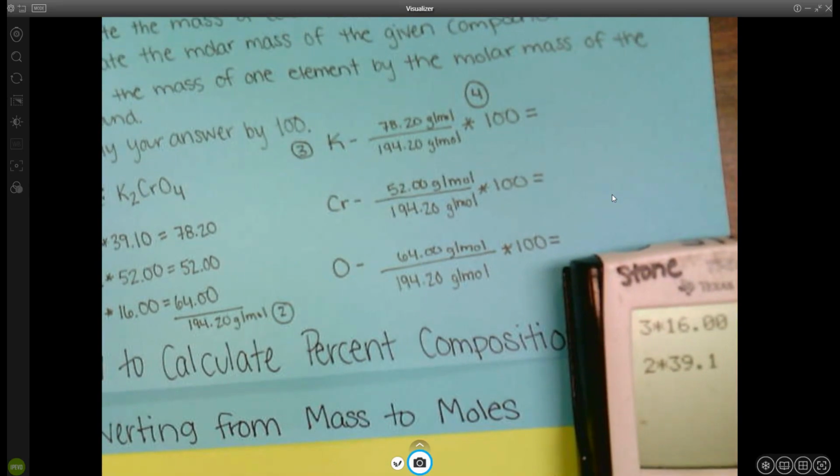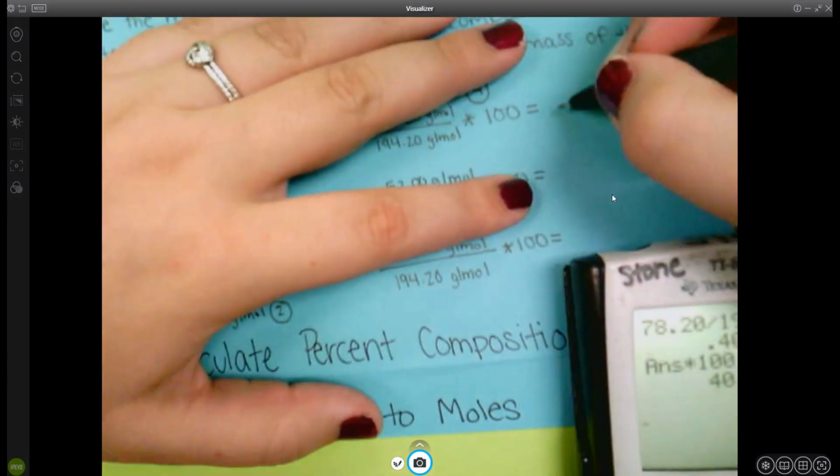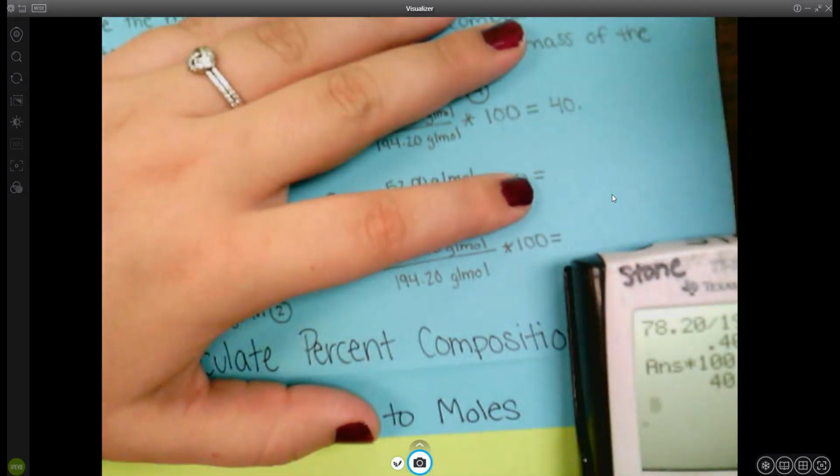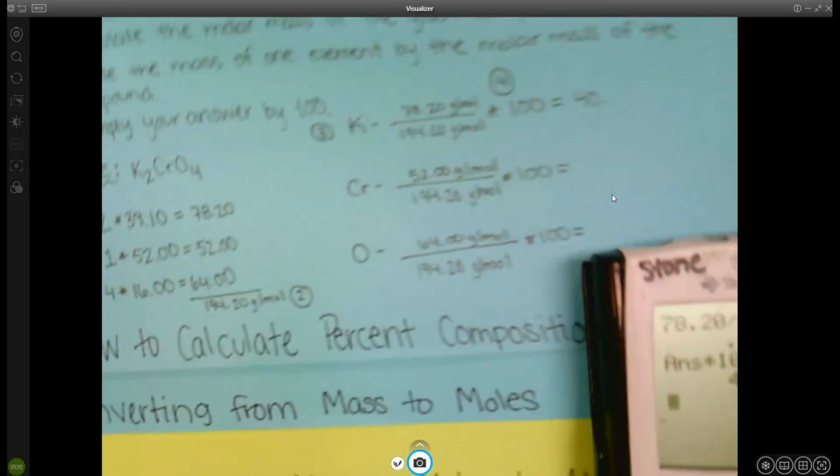For our potassium, it is 78.20 divided by 194.20 times 100.